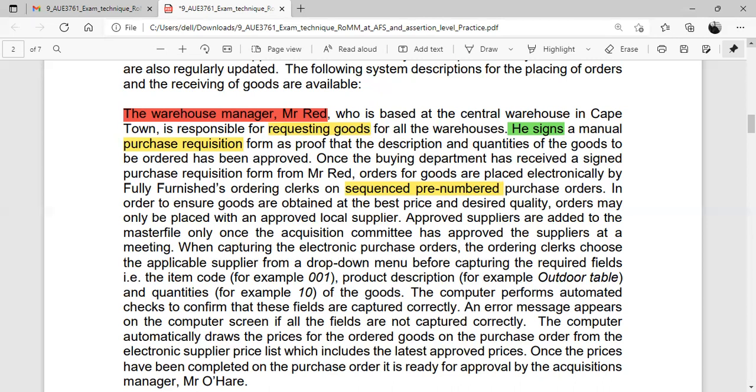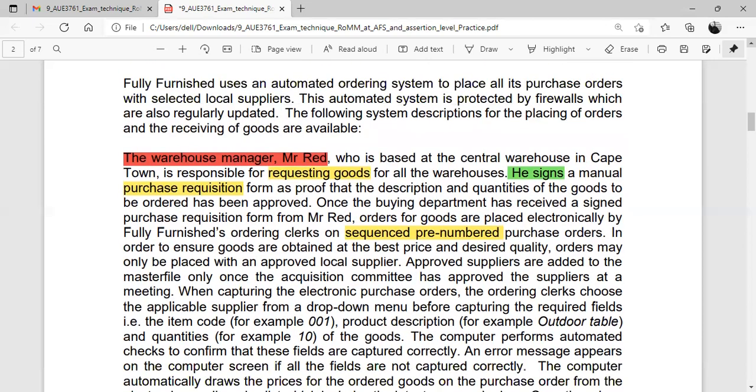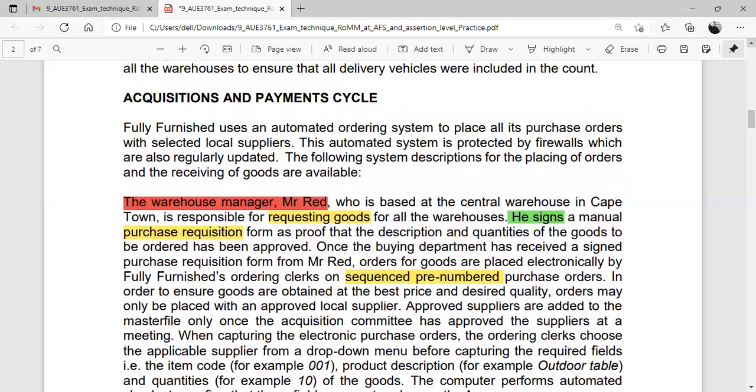Yeah. I'm seeing that they have a master file with only approved suppliers. Yeah, but let's start right from the beginning. From the top. Oh, okay. Yeah. Just pick up whatever you feel is a control. And then, yeah, let's start there.